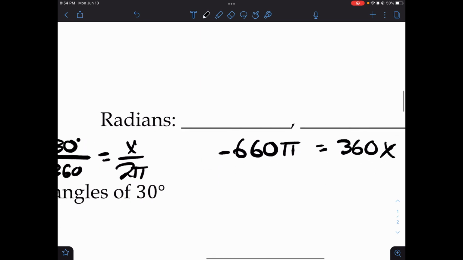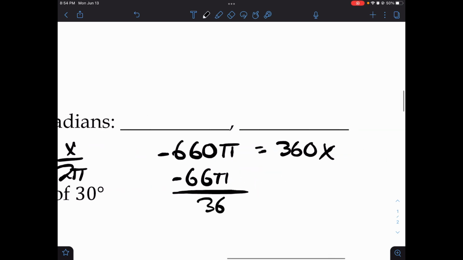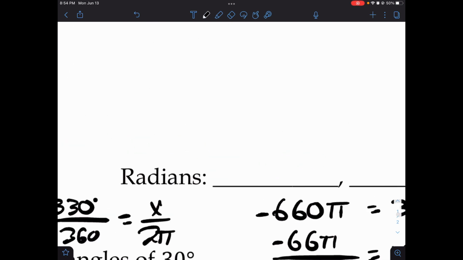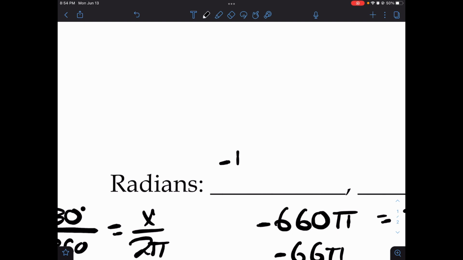Divide both sides by 360. You get negative 66 pi over 36, because I cancel out the zeros. And then we do negative 11 over 6 pi is equal to x. So this is negative 11 over 6 pi.